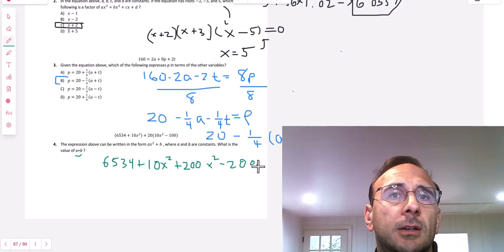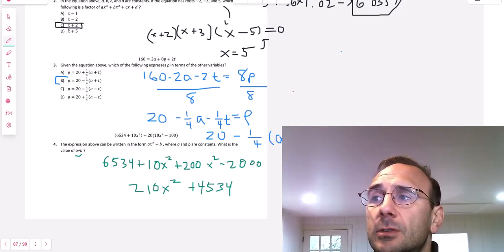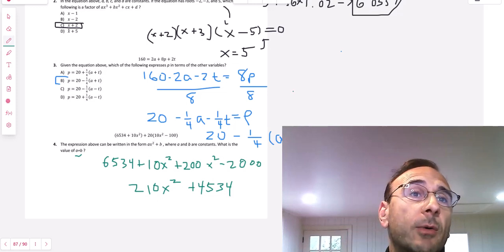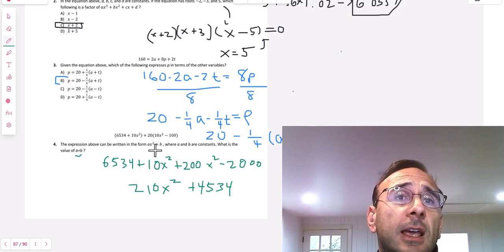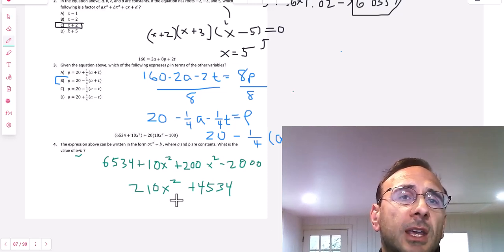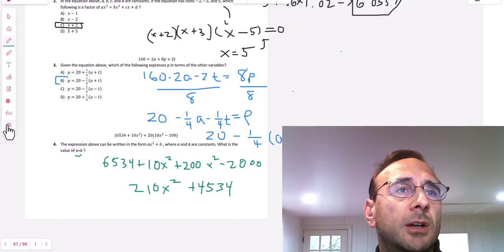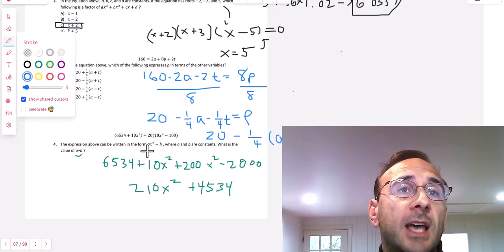And then we can combine our x squared terms. We combine our constants as such. So now we have an expression. If ax squared plus b equals 210x squared plus 434, what's a have to equal?